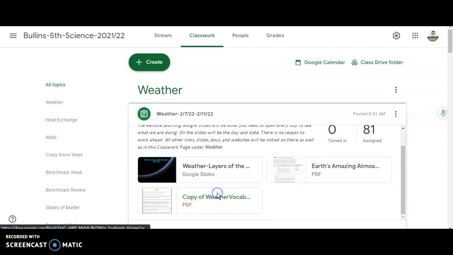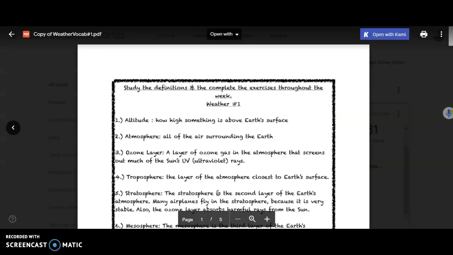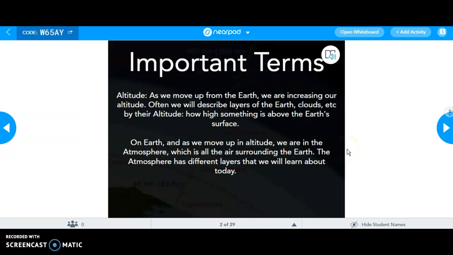You will notice that the copy of the vocabulary is here, and here are our first two words, altitude and atmosphere. These are very important things that we'll be talking about pretty much for this week, and I'm hoping to end this a little earlier than I normally would so that we can move on to some other things.